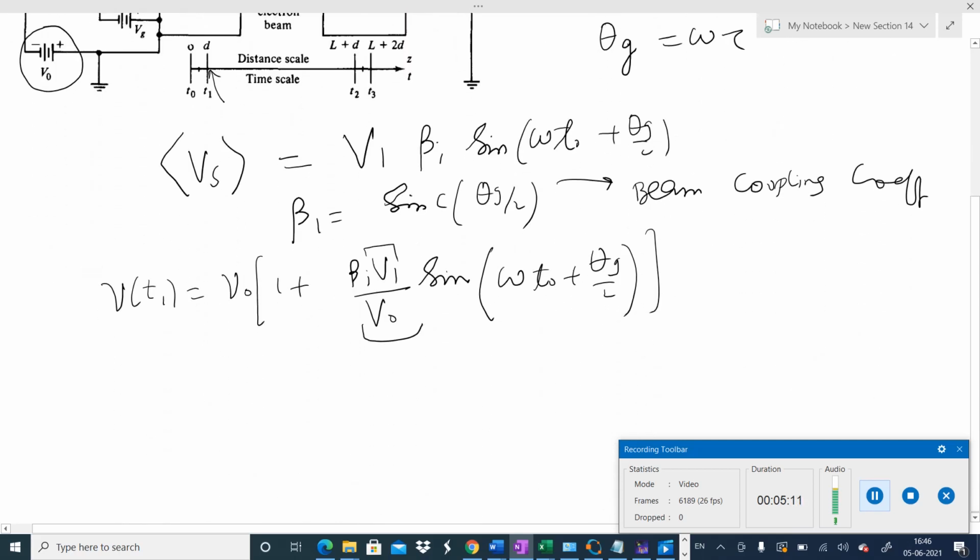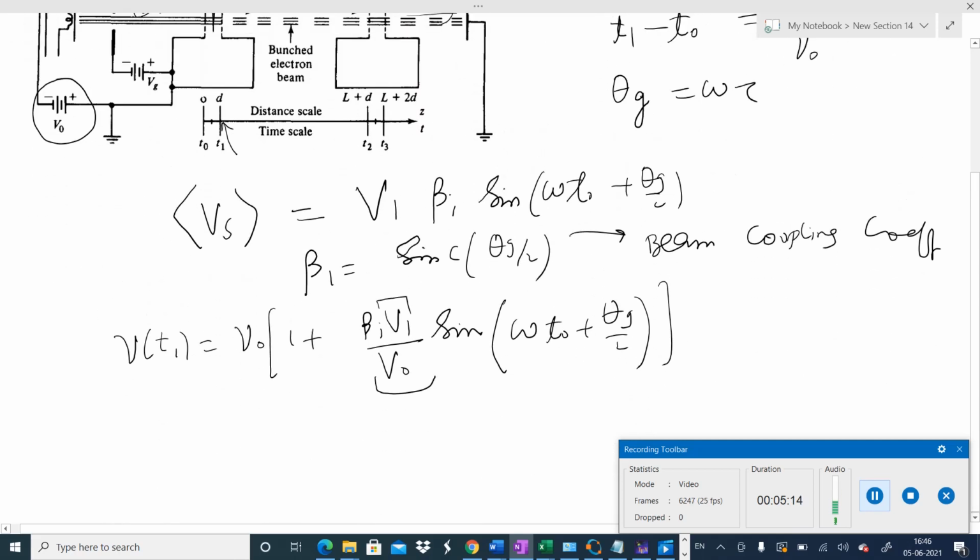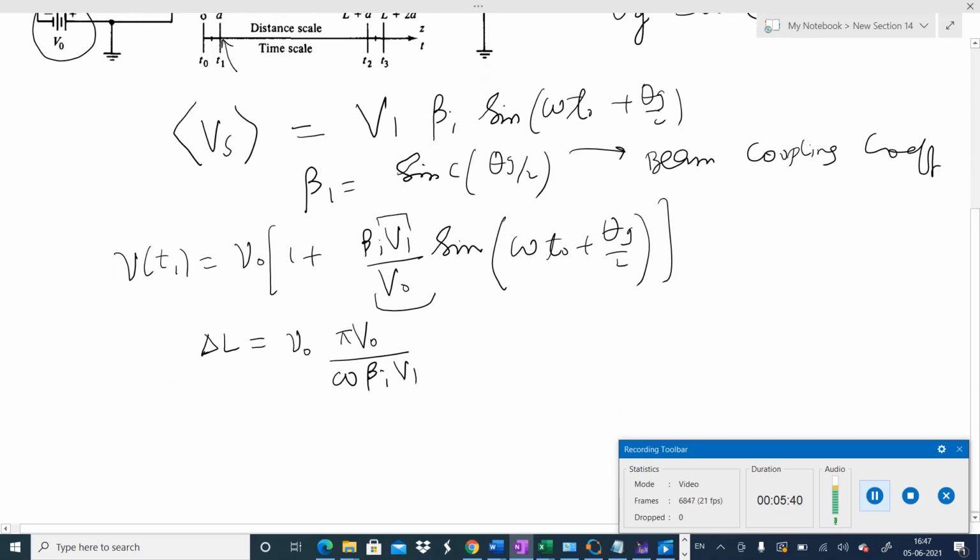Then using simple relationships and some approximation, we got that this distance depends on the velocity, the DC input, omega, which is the angular frequency of the oscillating signal, the beam coupling coefficient, and V1. This was the discussion at the buncher gap.